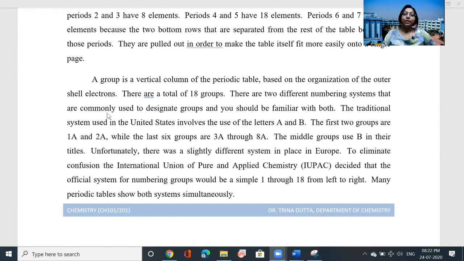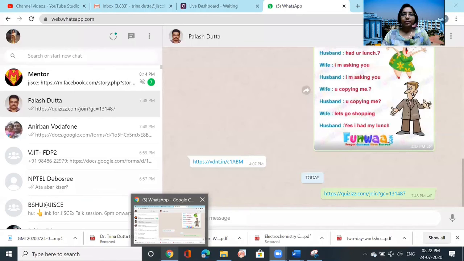Now I have created some small MCQ questions for you. So here you go through the MCQ questions.